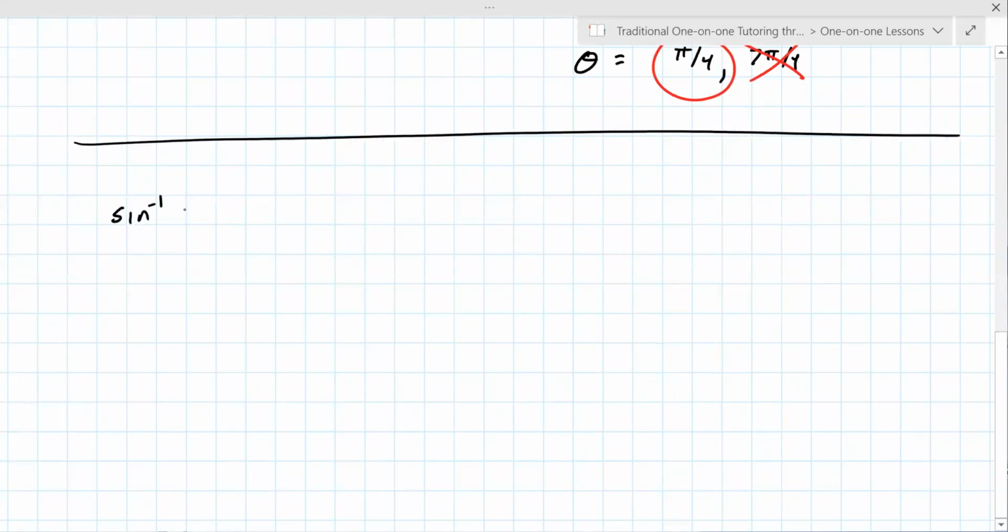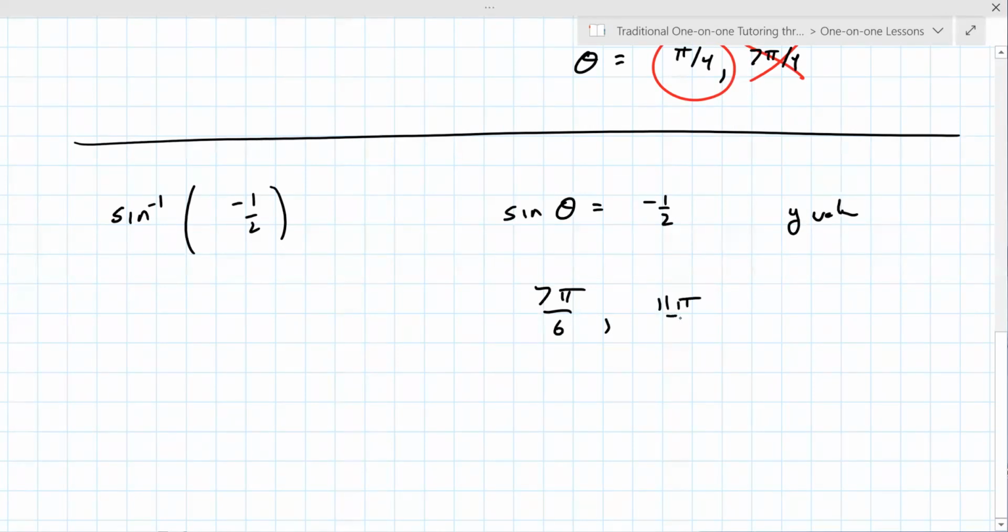So it would ask, what is the sine inverse of negative 1/2? Okay, so if you go to your unit circle, where is the sine of theta equal to negative 1/2? Where is the y value negative 1/2? And if you look on your unit circle, it's 7 pi over 6 or 11 pi over 6.